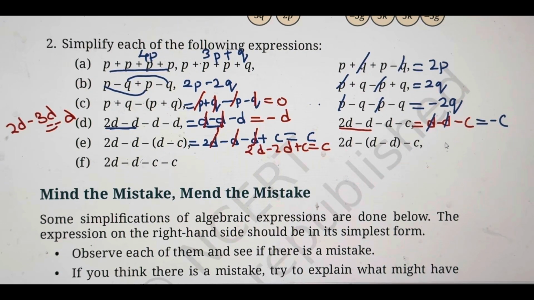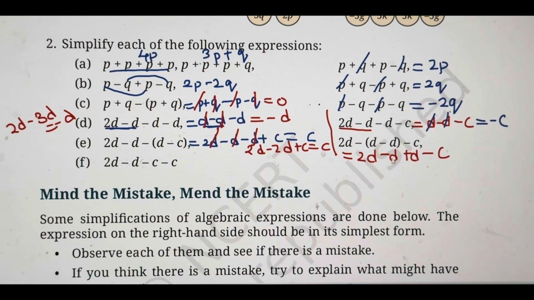Okay. Now let us see the next question. 2D minus D minus D. Now what will happen if you open the bracket? 2D minus D, but this becomes plus D. Okay, and minus C remains as it is because it is outside the bracket. You can change the sign of only the letters or the numbers inside the bracket if there is a negative sign.